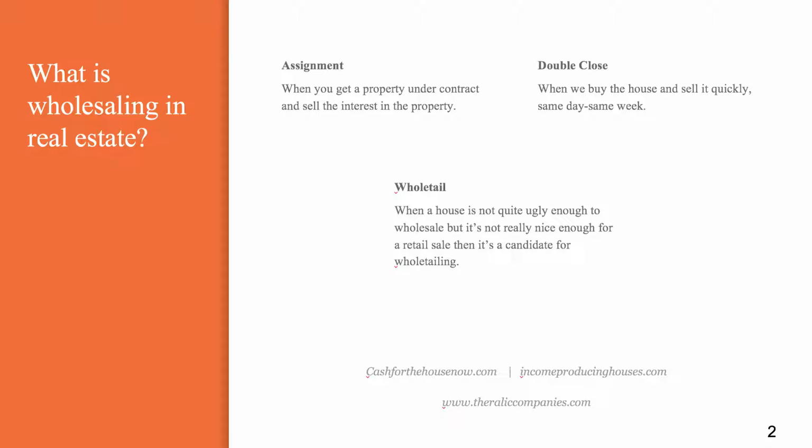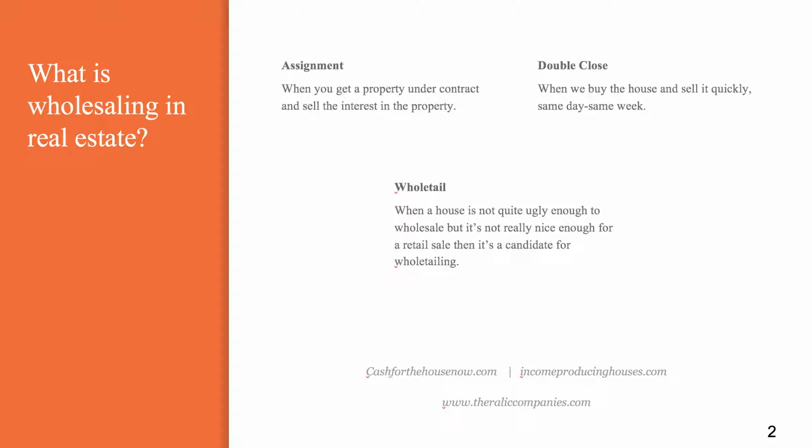So let's begin. First of all, you have to understand what wholesaling is in order to really understand what you're doing. We have types of wholesales that we do. An assignment is when you get a property under contract and then sell the interest in the property to another investor.